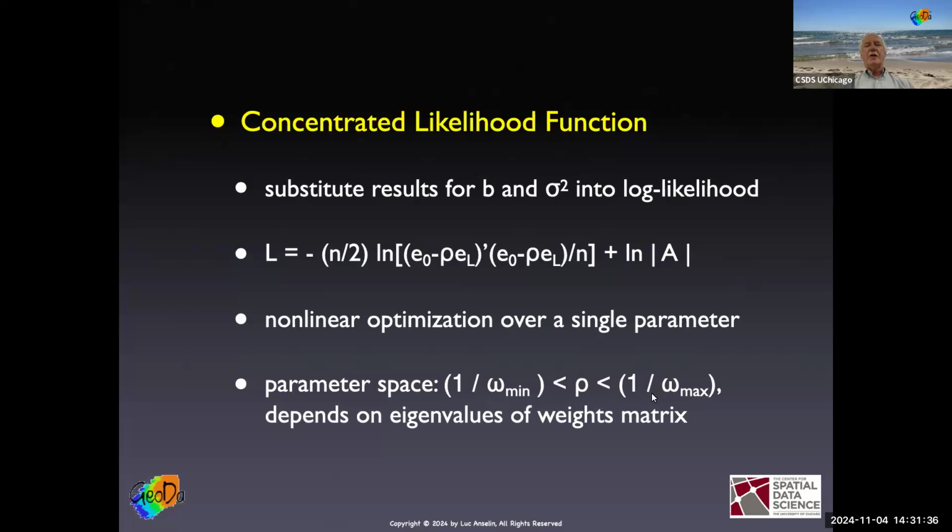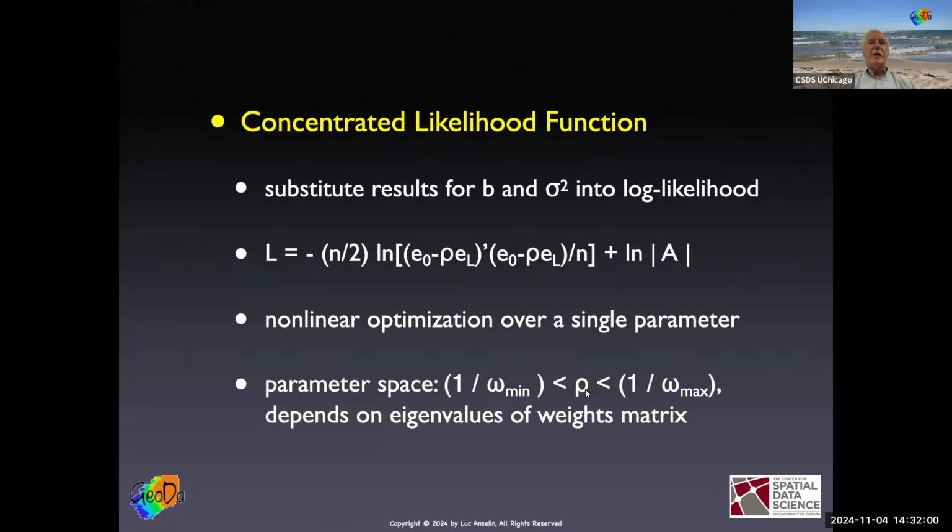I didn't talk about this, but logs don't work for negative numbers. They have to be positive. That puts a constraint. Remember, I have to do log of the determinant that has rho in it. That puts a constraint on the parameter space, the values that rho can take, to assure that we don't get negative numbers there.